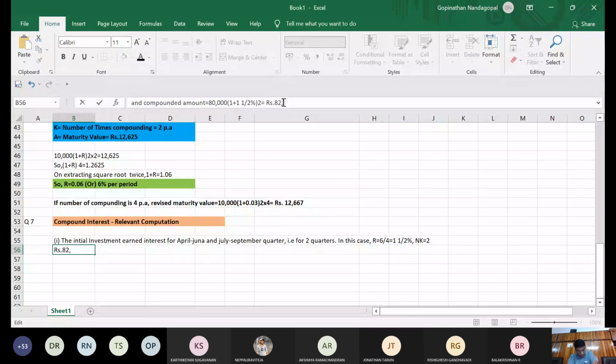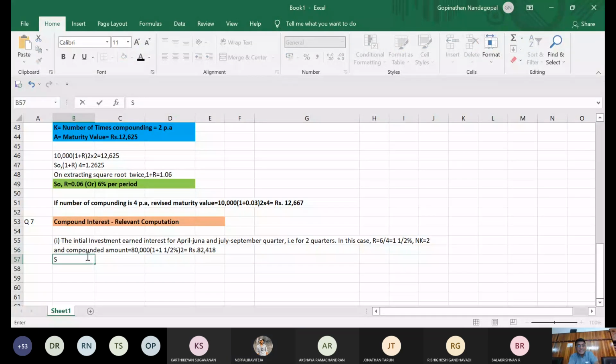Tell me, what is the additional amount invested on 1st October? 1 lakh minus 82,418. Exactly.